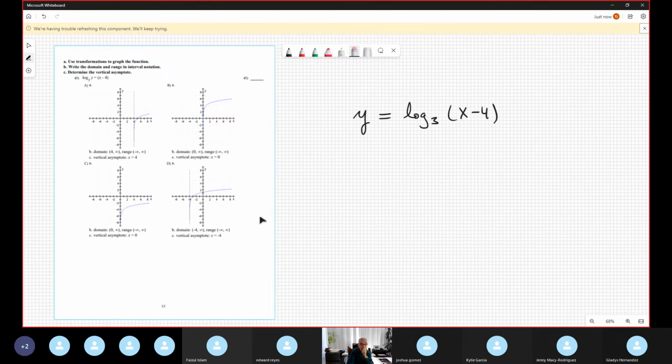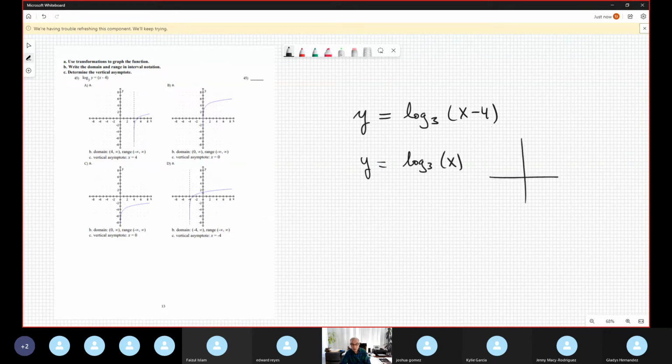Okay, so now I see transformation. So the base logarithmic without transformation, you know, the base is greater than 1. So it looks like exponential like that. Exponential, no, sorry, logarithmic. In which the vertical asymptote is here. And this is the famous point 1, 0. And this is increasing, not decaying.